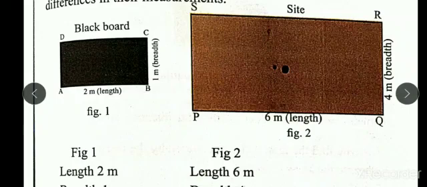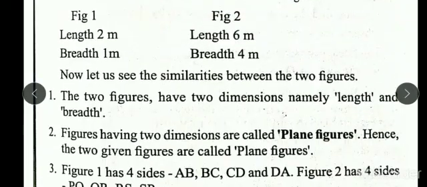And BC is 1 meter, so opposite of BC is AD. So BC and AD are same, that is 1 meter. Again in the second figure, PQ and SR are opposite sides, so both have the length, that is 6 meter, and RQ, that is the breadth, has 4 meter, and the opposite side for RQ is SP, that is also 4 meter. So opposite sides in a rectangle are equal.